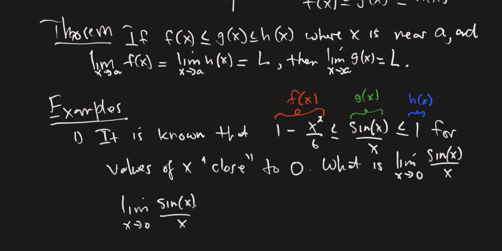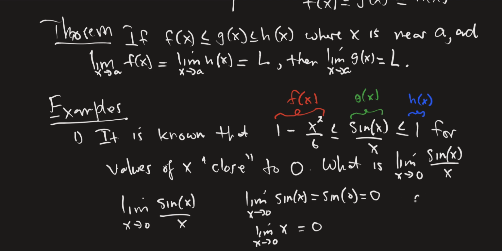right? And I want you to do it algebraically, so I don't want you to use a table or a graph. Well, then if we take the limit as x approaches 0 of the numerator, the sine of 0 is 0. That's a trigonometric fact. Similarly, if I take the limit as x approaches 0 of the denominator, that's just 0.